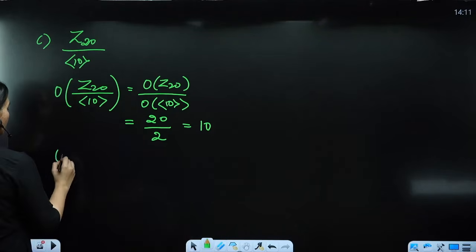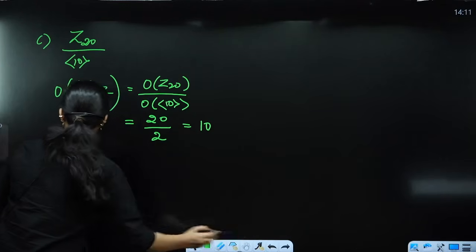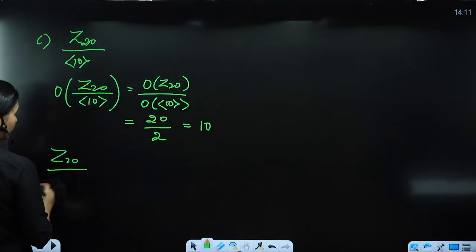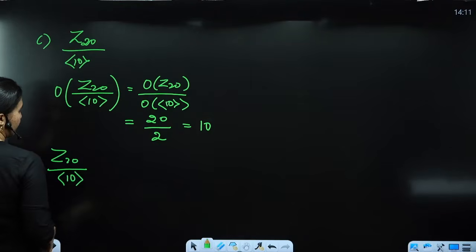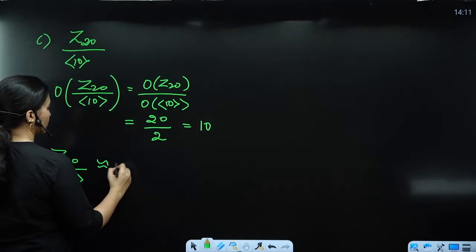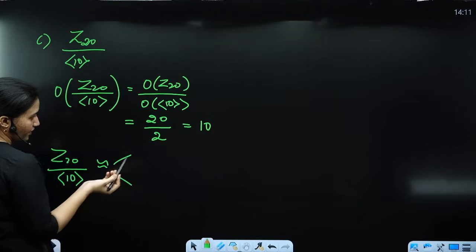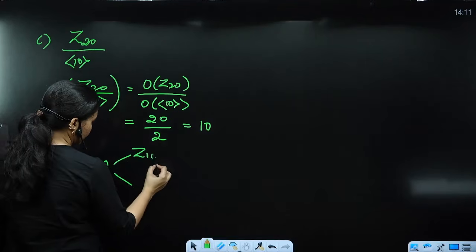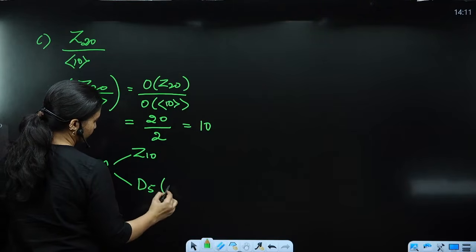Now we should write Z20 upon 10 is isomorphic to either Z10, right, or D5, which is non-abelian.